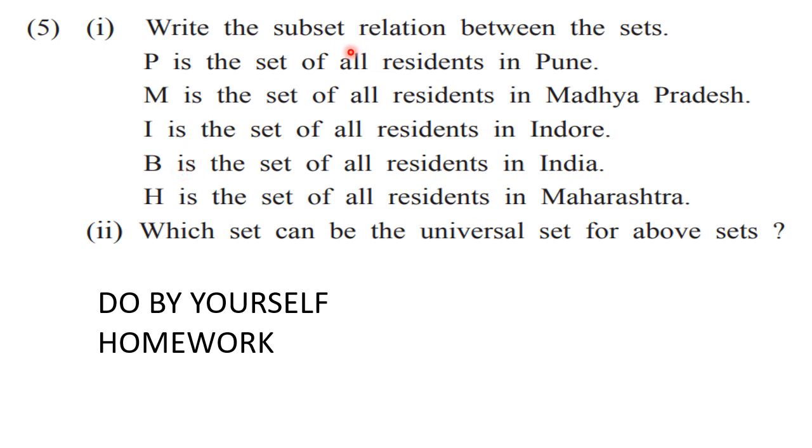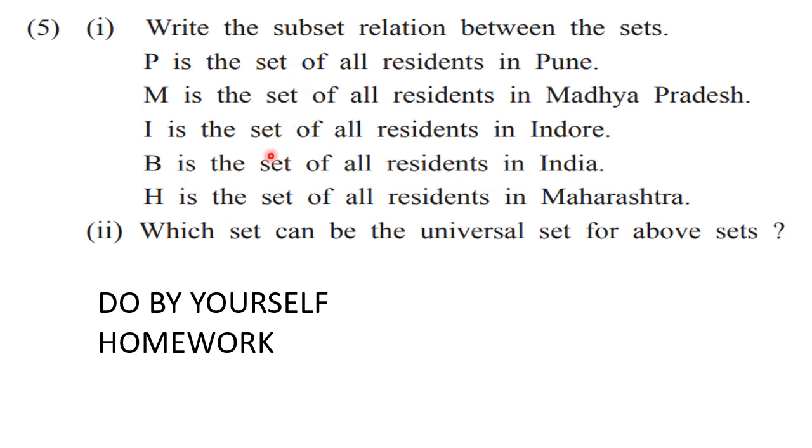P is a subset of H, H is a subset of B, then I is a subset of M, M is a subset of B. More you can write: Pune is also in India, so P is a subset of B. Indore is also in India, so I is a subset of B. So in this way you can write down 6 subset relationships.